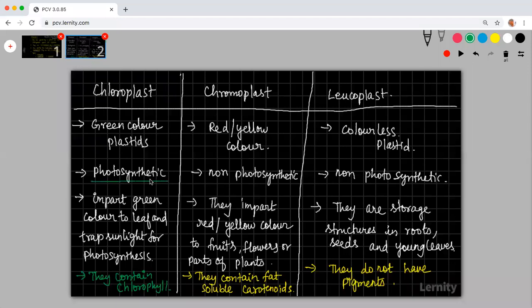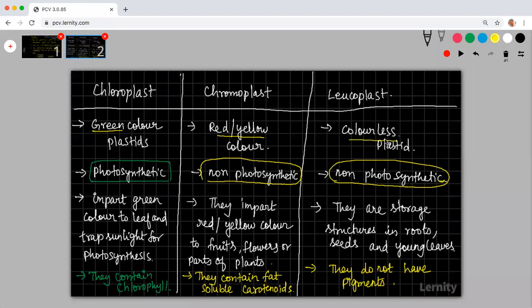Chloroplasts are photosynthetic, which means they are involved in photosynthesis. Chromoplasts and leucoplasts are non-photosynthetic, which means they are involved in other functions. The chloroplast is green, chromoplast is red or yellow, and leucoplast is colorless. Chloroplast imparts green color to the leaves, and also traps sunlight for photosynthesis. This is something we know already.